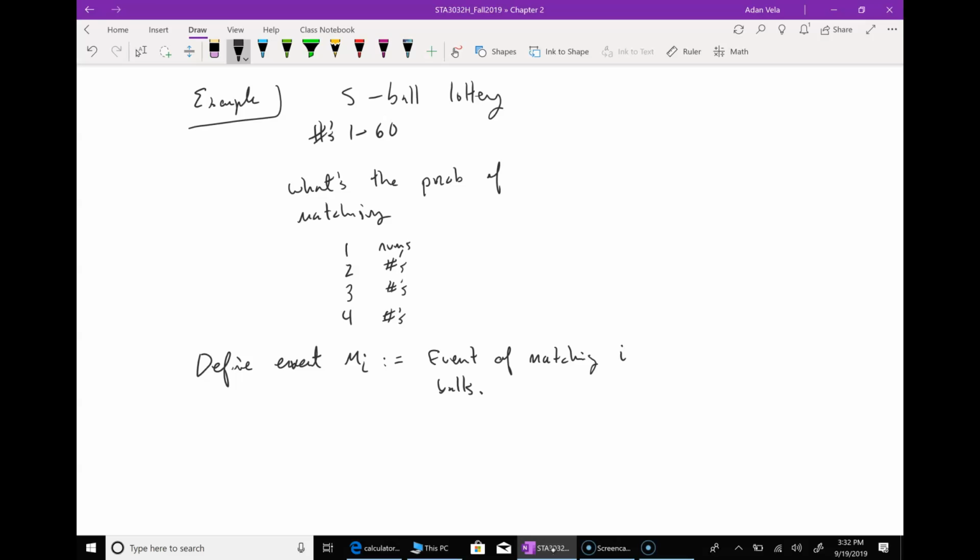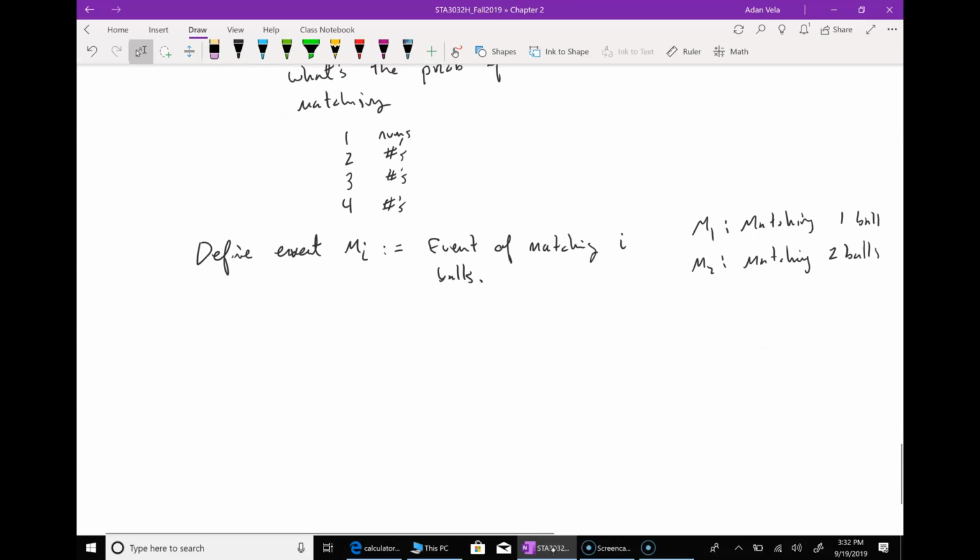Okay, so if M1 is matching 1 ball, M2 is matching 2 balls, right? So if we want to talk about the probability of M2, what we need to do is count the number of ways we can match 2 balls divided by the total number of ways we can draw 5 balls, okay?